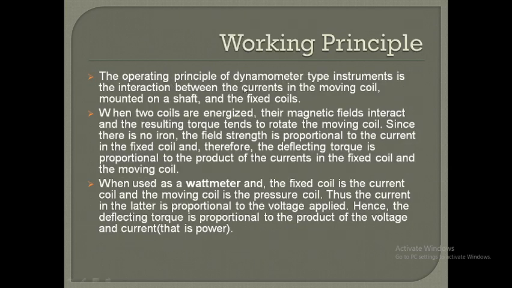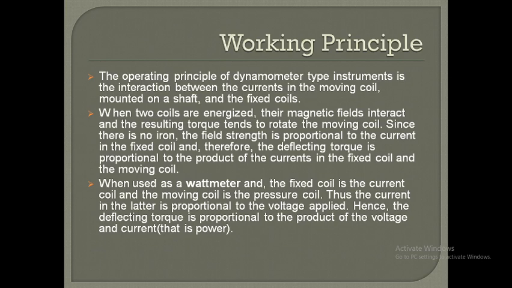Now the operating principle of the dynamometer type instrument is the interaction between the current in the moving coil and the fixed coil. That means the operating principle depends majorly upon the interaction between two currents: the current in the fixed coil and the current in the moving coil.